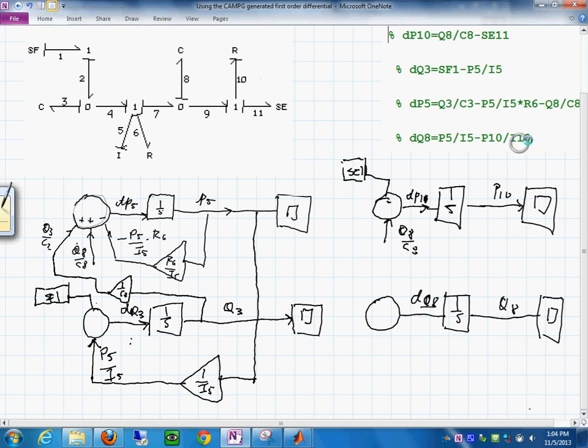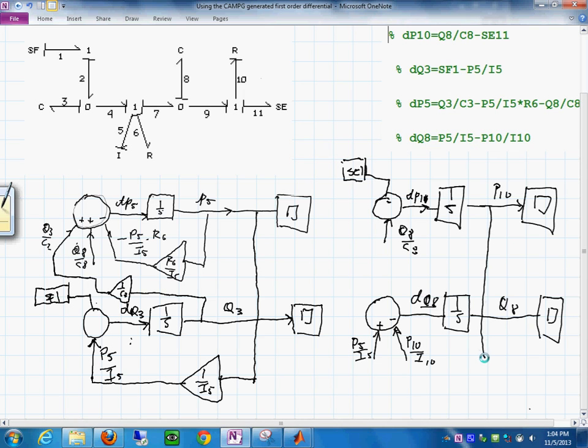Okay, and then p sub 5 over I sub 5 with a positive sign in here, and this second one is p sub 10 over I sub 10 with a negative sign. Now, how do we complete this? Do you see how we put together the puzzle here? This piece of 10 comes from this one, and this piece of 5 comes from this. So we will do this.